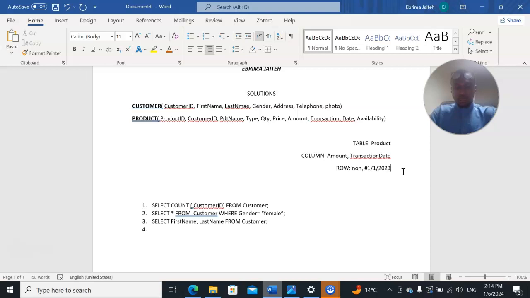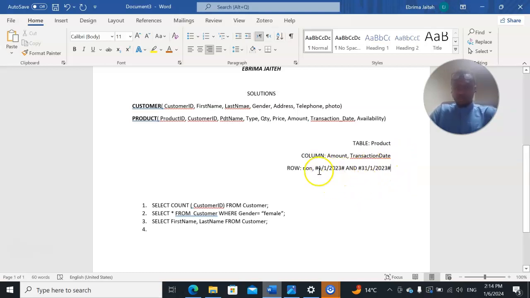And again at the end you also write hash, and the other date will be 31st of January 2023. We're going to use hash again, and at the end also you use the same hash. Okay, so this is our date.